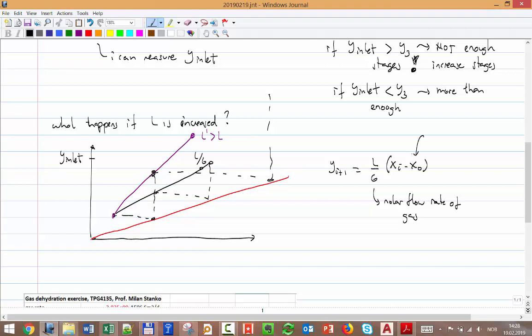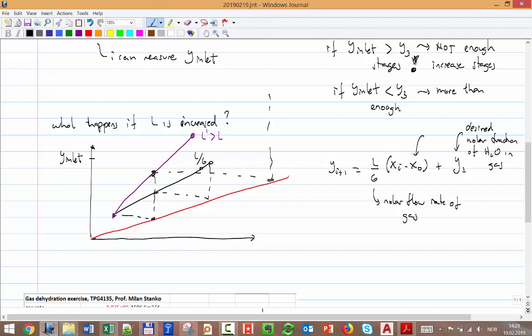This we have, that's the purity, the water content in the TEG that is entering, plus y1. What is y1? It is the desired molar fraction of water in gas, and this we also have.